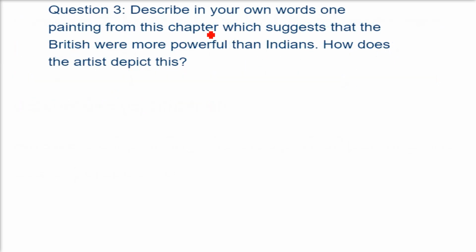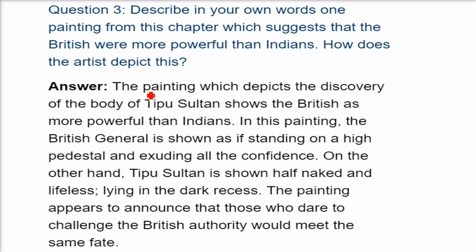Describe in your own words one painting from this chapter which suggests that the British were more powerful than Indians. How does the artist depict this? So the painting which depicts the discovery of the body of Tipu Sultan shows the British as more powerful than Indians. In this painting, the British general is shown as if he is standing on a pedestal and exuding all the confidence.